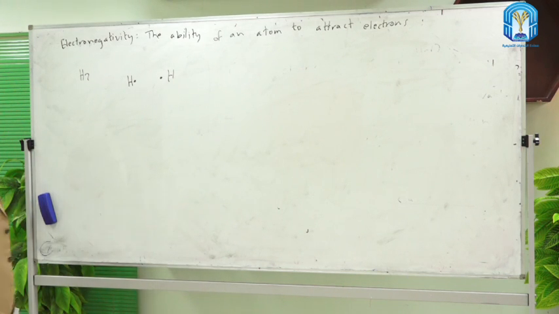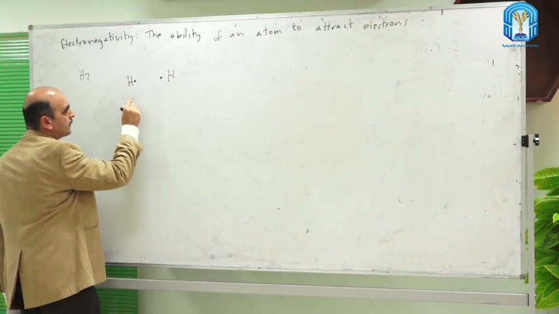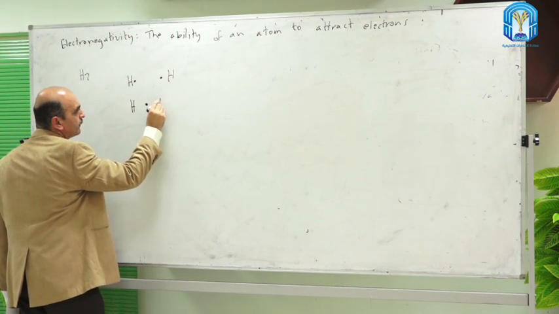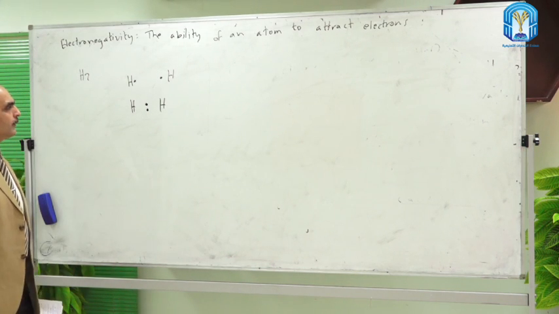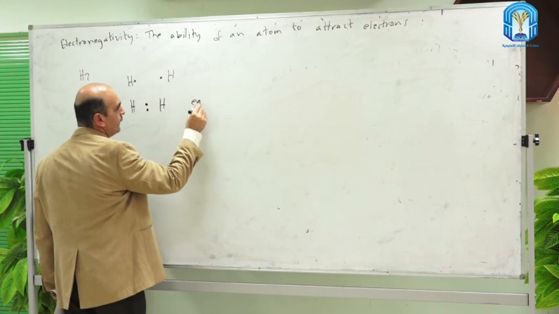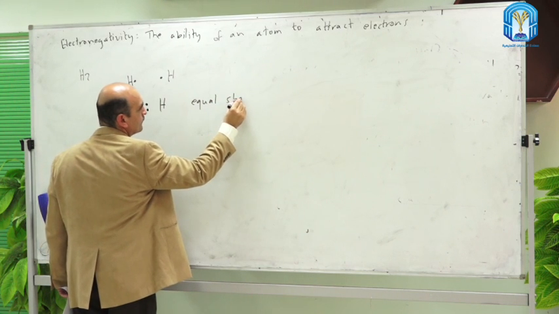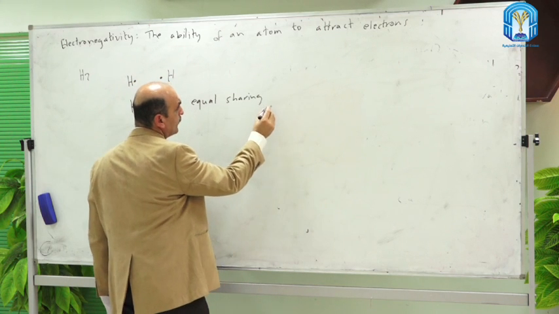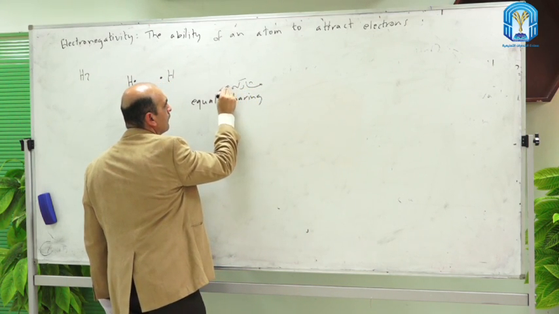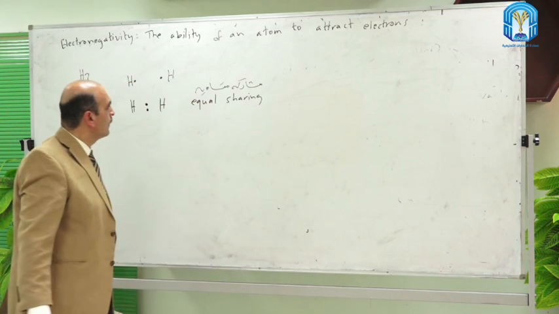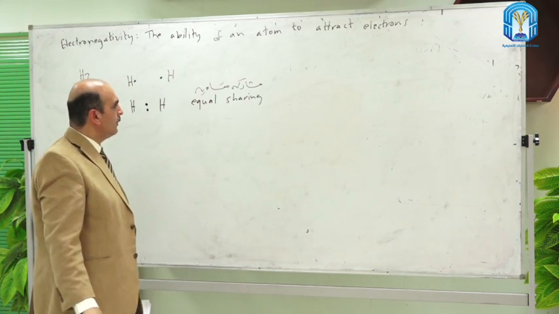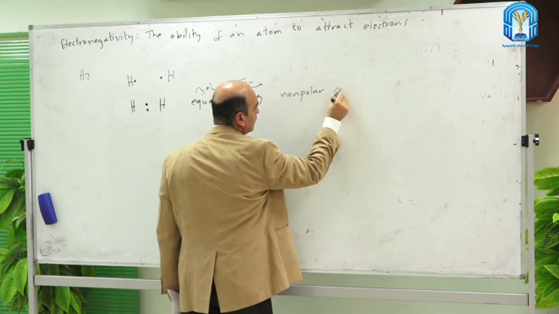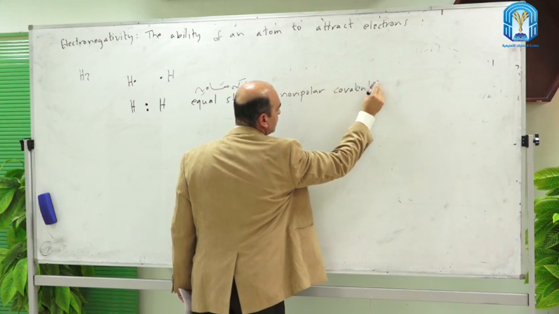So they approach each other to share the 2 electrons. And here the sharing will be equal sharing. مشاركة متساوية. And this one is called non-polar covalent bond.